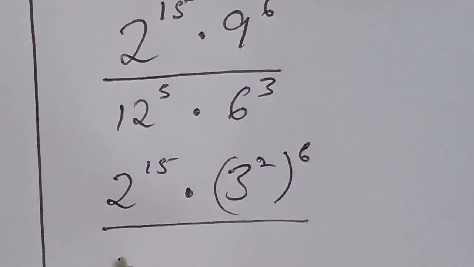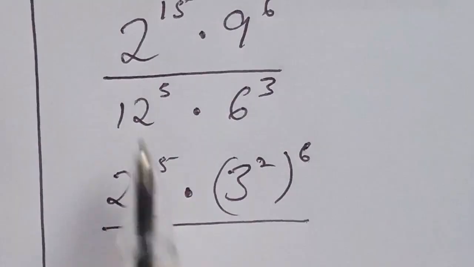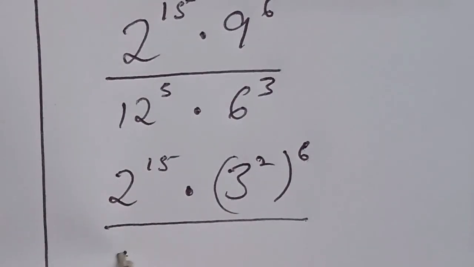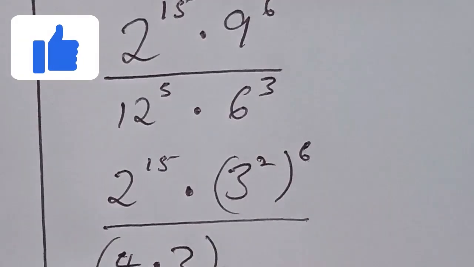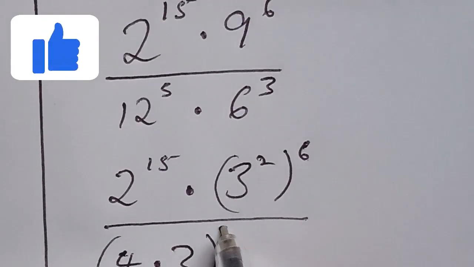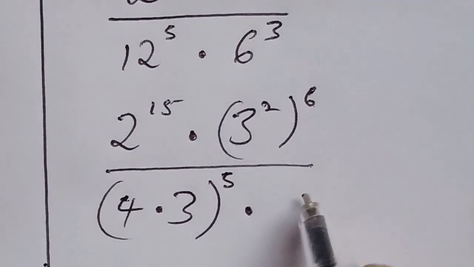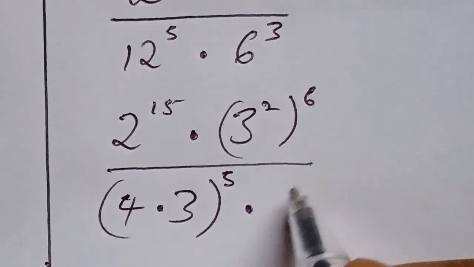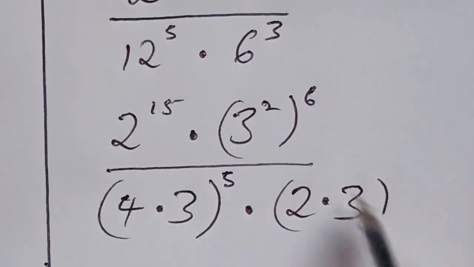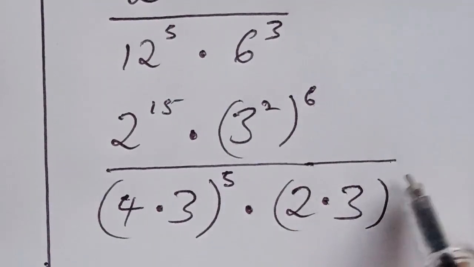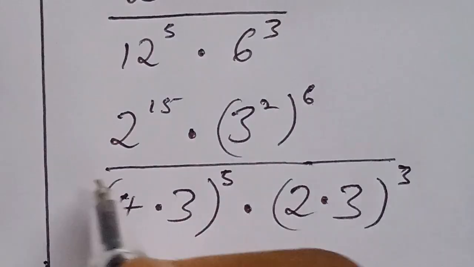Over here, we simplify this as 4 multiplied by 3 to the power of 5, then multiply by 2 multiplied by 3, and that will be to the power of 3.